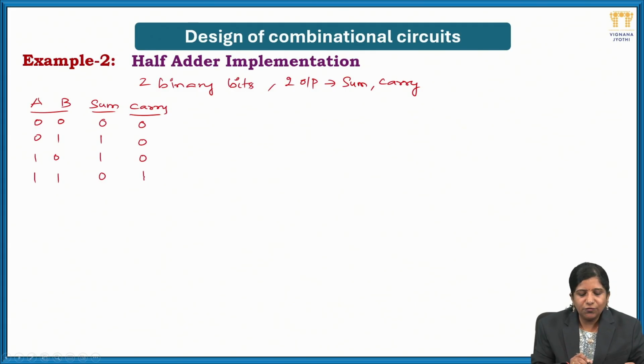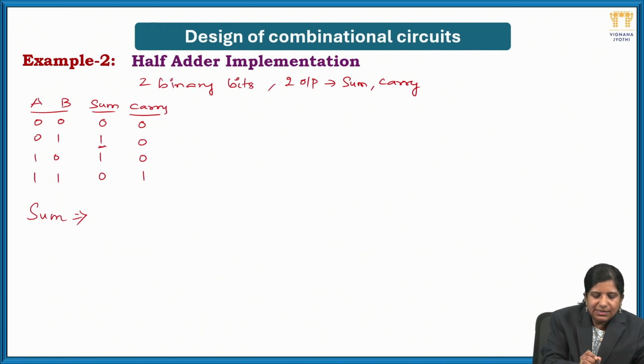Now what I told you, after writing the truth table, you have to find the output expressions for the sum and the carry. For sum, what is the output expression? For this, there is no need to go to the K-maps. Directly you can write: the output is 1 for the input combination A bar B, and for A B bar.